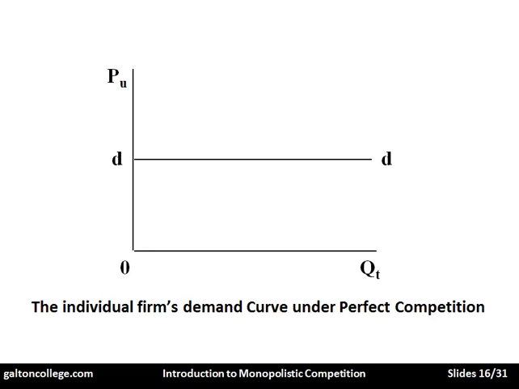So the price was fixed, and the producers were price takers. They were not price makers; they had to take the price in the market. That happened because there's such a large number of producers, all making a homogeneous good, all with perfect information. So the individual producers didn't have any power. They simply took the price in the market.